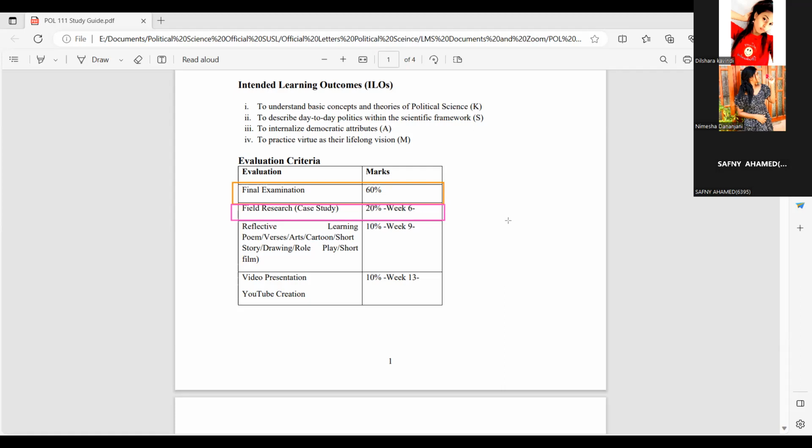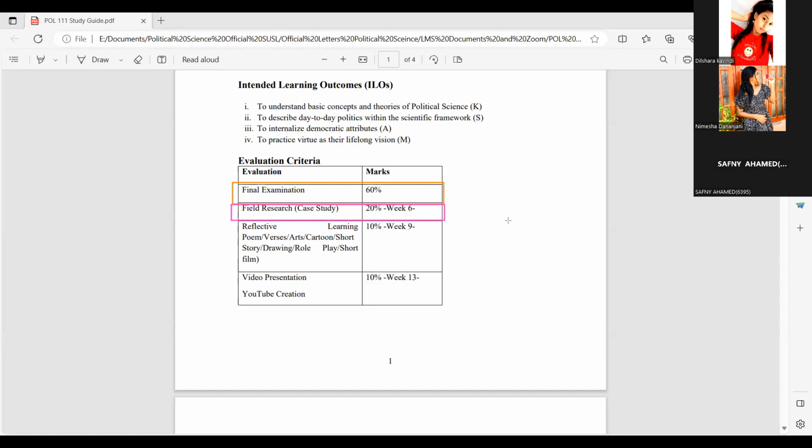Sometimes you may be clever in making short films. Sometimes you are experts, or you have inborn talents, in drawing pictures or maybe cartoons. So you might have different skills, different interests, and also different inborn talents, right?